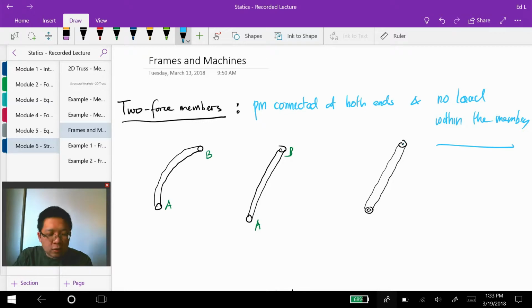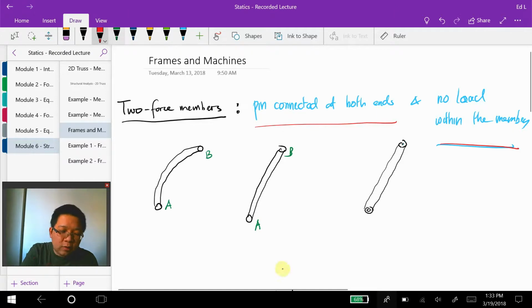Okay, so if we have a member that is pin connected at both ends, and no load is applied within the member, then we will have a two force member. This two force member has a very unique characteristic where the connection forces at both ends are collinear.